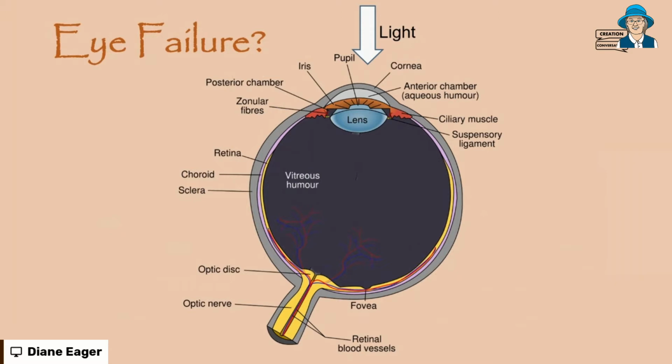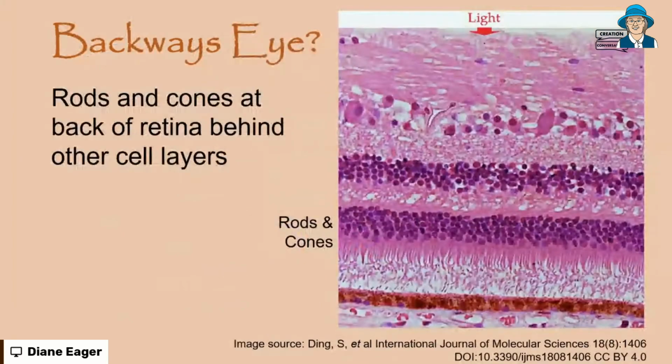Now, if we were to have a look at that layer under a microscope, it's absolutely jam-packed full of millions of cells, all tightly packed in. And the interesting thing about it is that the cells that are responsible for changing the light signal into electrical signals that go to the brain to be processed are not at the front.